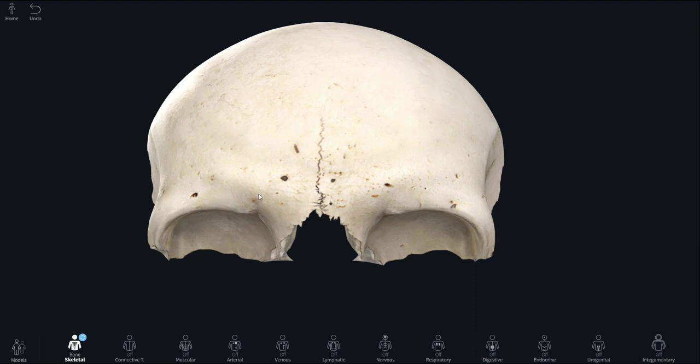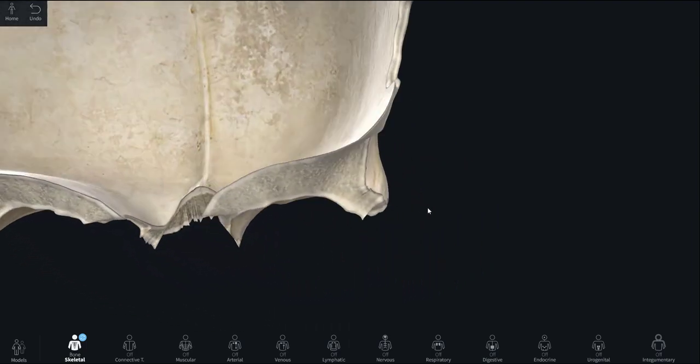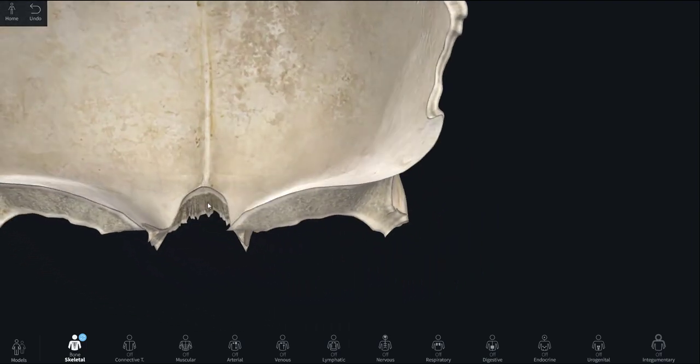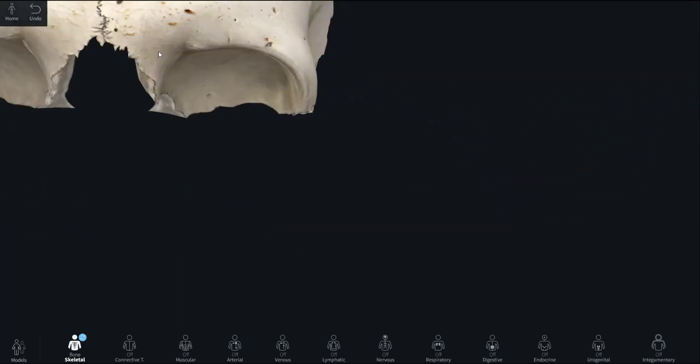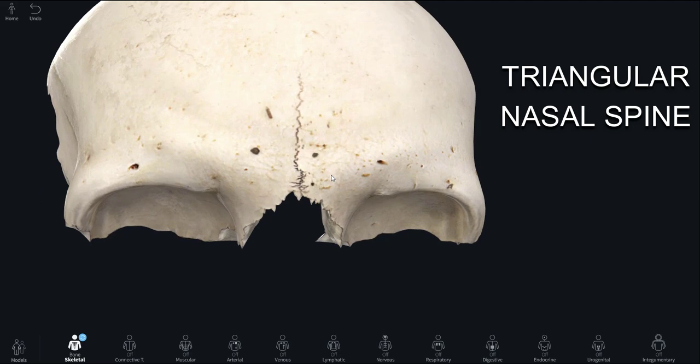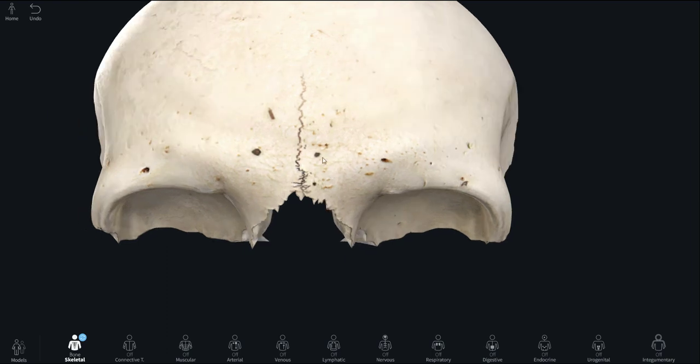Now I am saying that behind the nasal notch, on its posterior aspect, somewhere over here, what is present is a triangular nasal spine, a triangular bony projection from the nasal notch, which is known as the nasal spine, right?